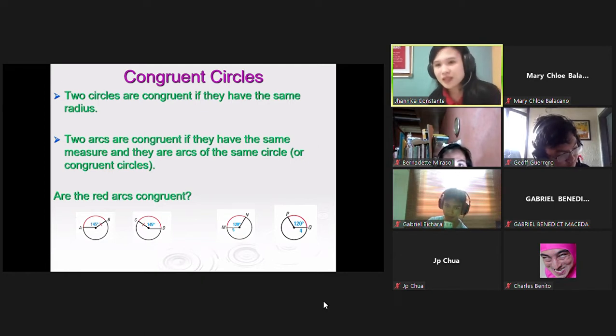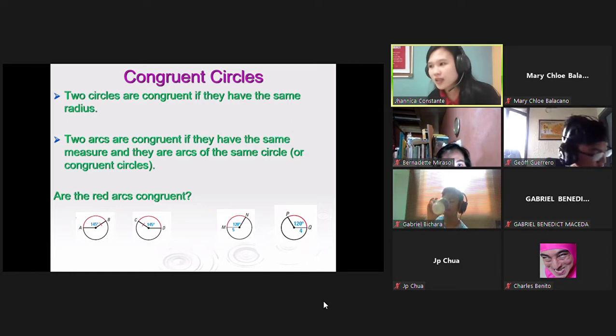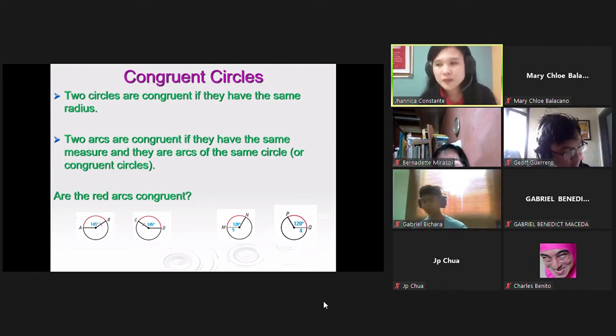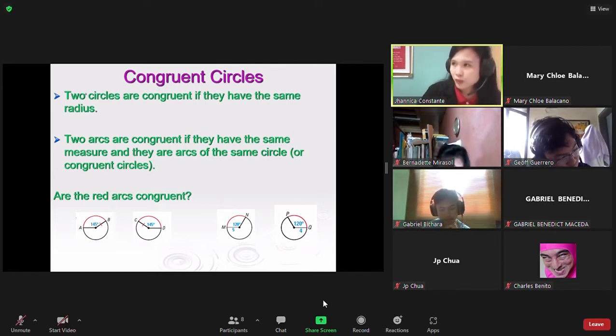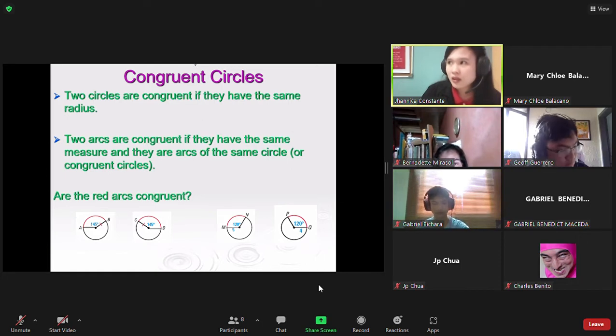So that is for the congruent circle. As you can see in the example on our screen, the angle that measures 145 has the same radius, with a sign of congruency that you can see here, this line.